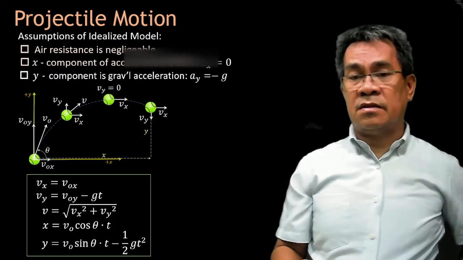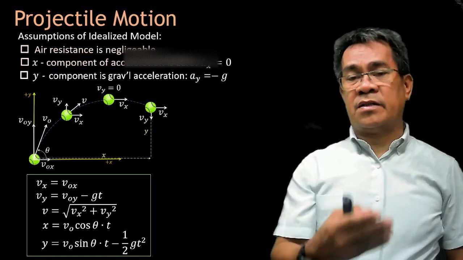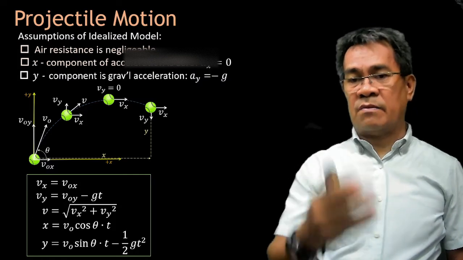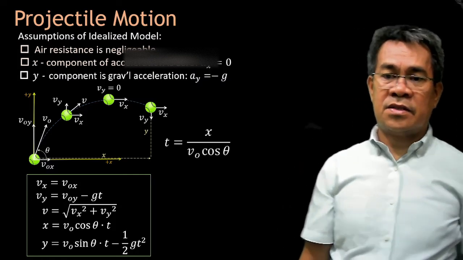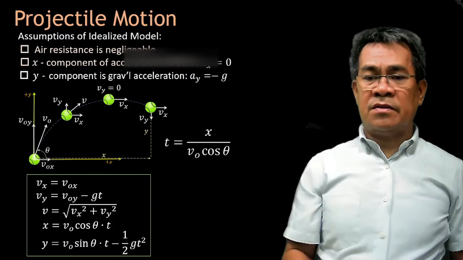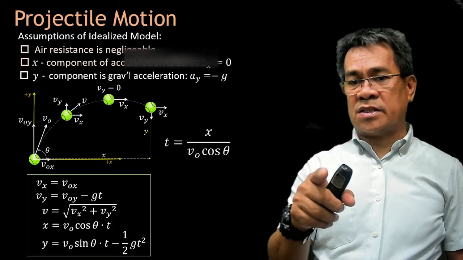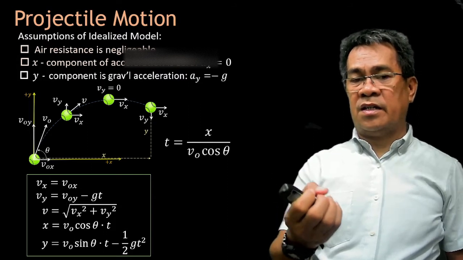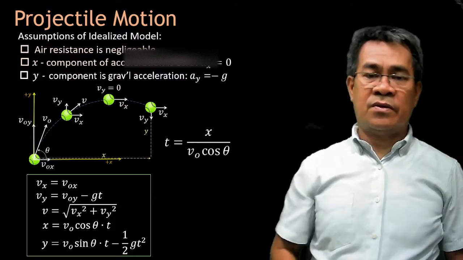So if we ignore everything except the Earth's acceleration, then we can apply that formula. Then we can calculate the time using the position x formula. Solving for t, it is x over V0 cosine theta.